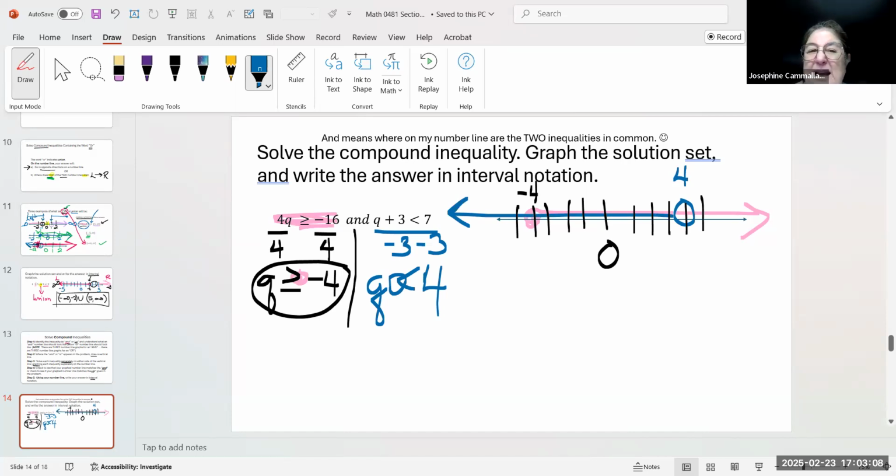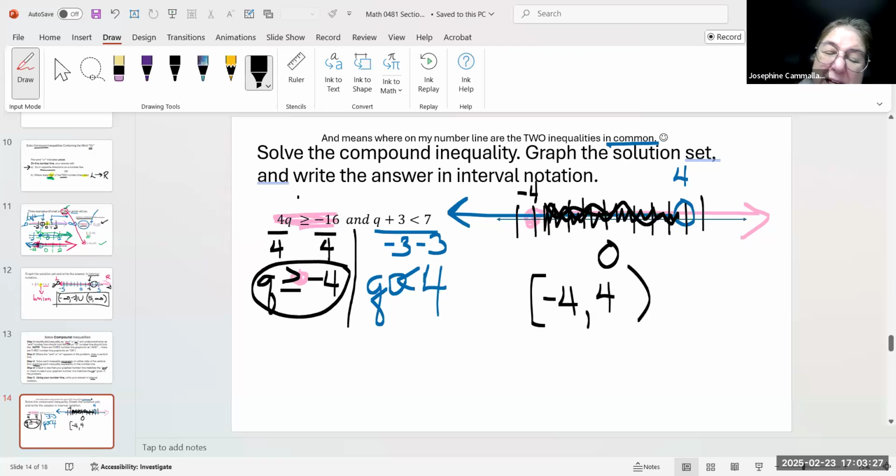Now, common. Where is my common area? It's in here, which means bracket -4, comma 4 here. And 4 on the right side, which is in blue, is an open circle that gets a parenthesis.